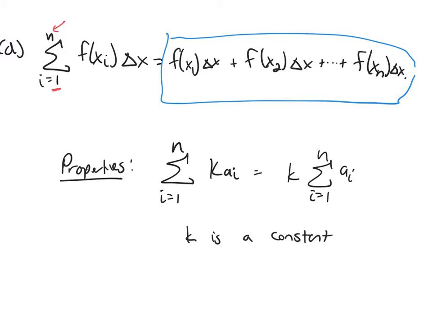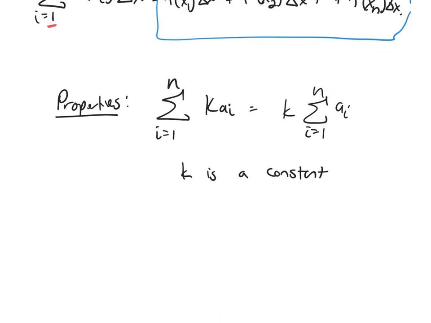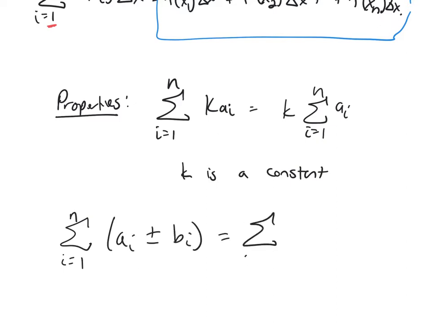And then our second property is that you can split up sums and differences. So if I have ai plus or minus bi, you can split this up into two summations: the summation of ai plus or minus the summation of bi.